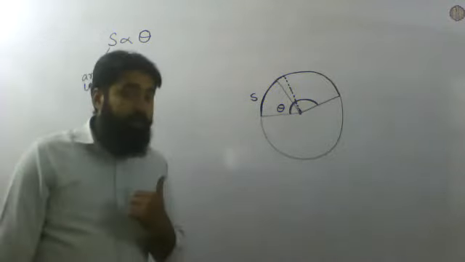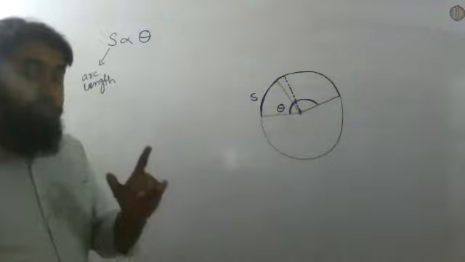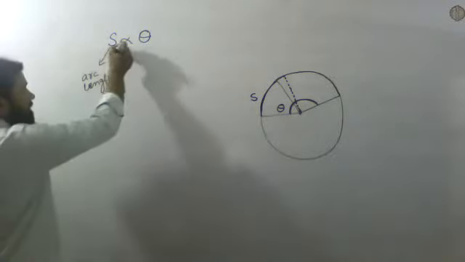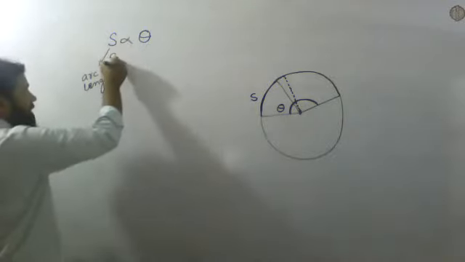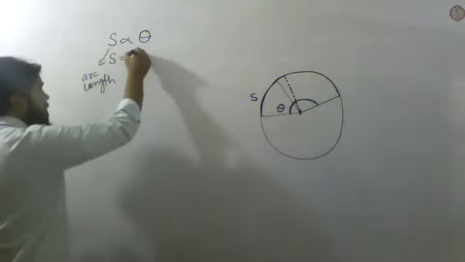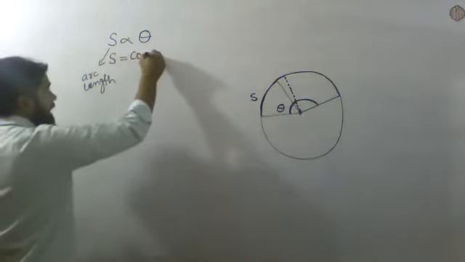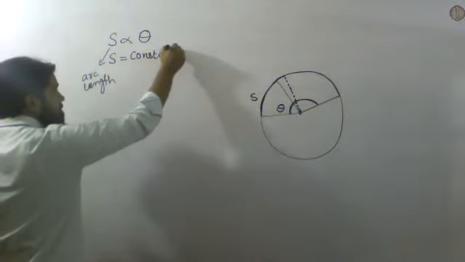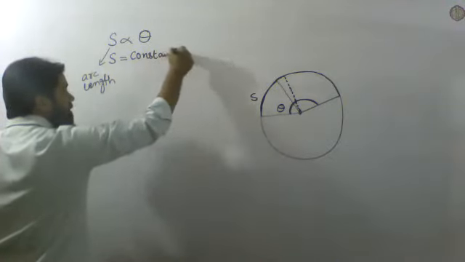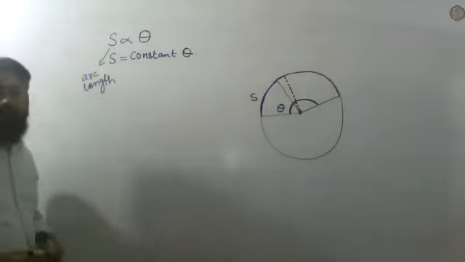Now we know that whenever we remove the proportionality sign, it always becomes equal to a constant. It is going to be equal to a constant multiplied by theta.